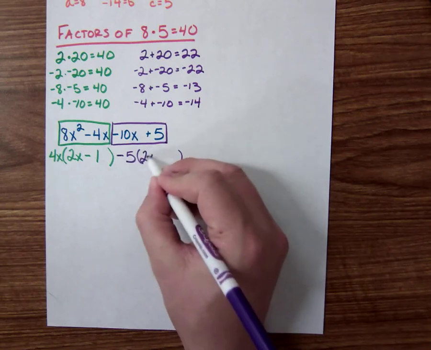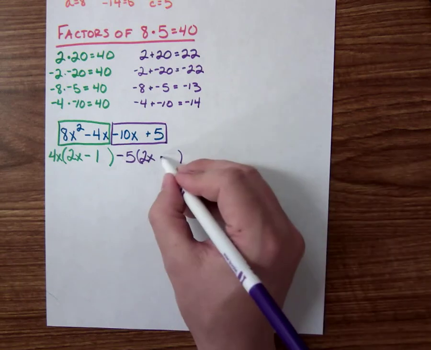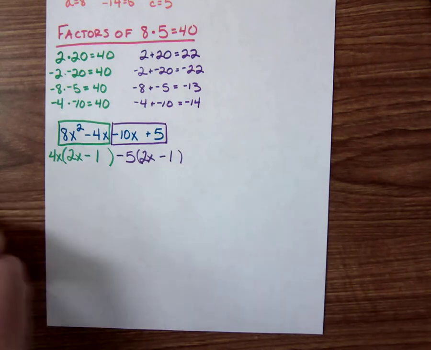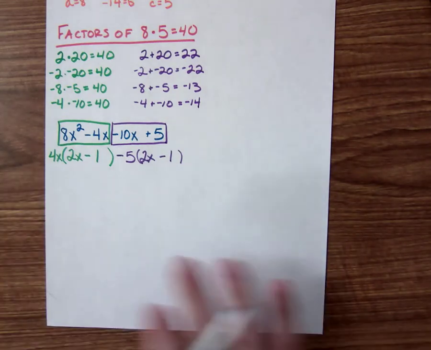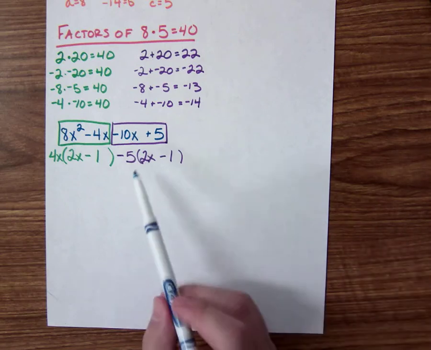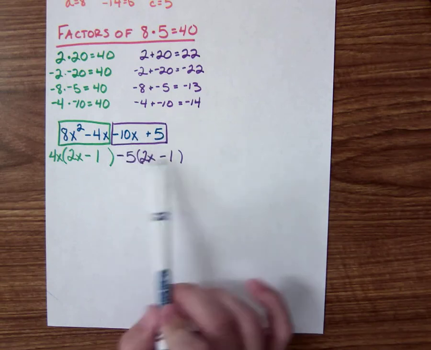Positive 2x. And then what's +5 divided by -5? -1. Oh, we're getting close. Wait, why is the -5 in between the parentheses? Because that's the GCF. -5 is the GCF of these two and goes out in front of the parentheses.